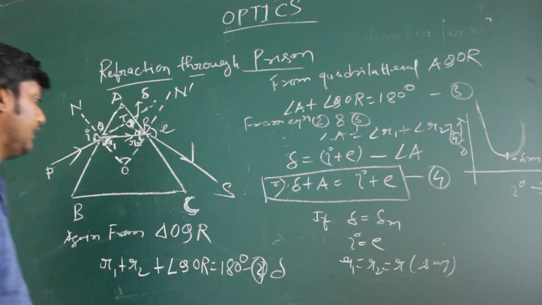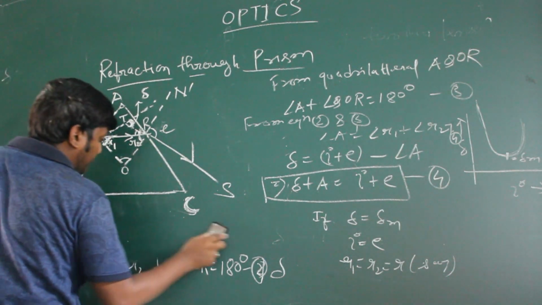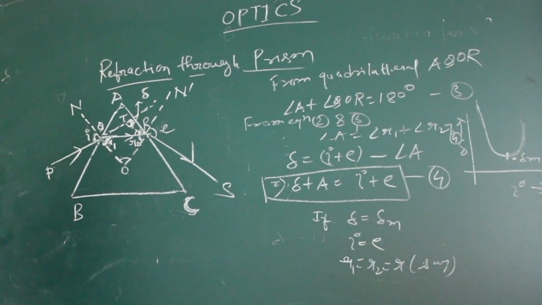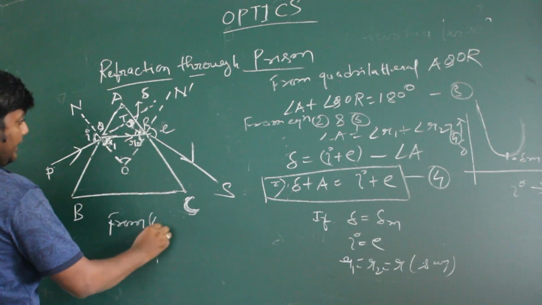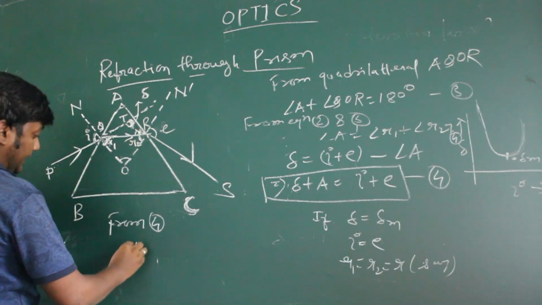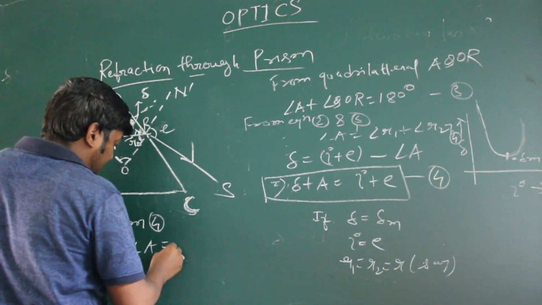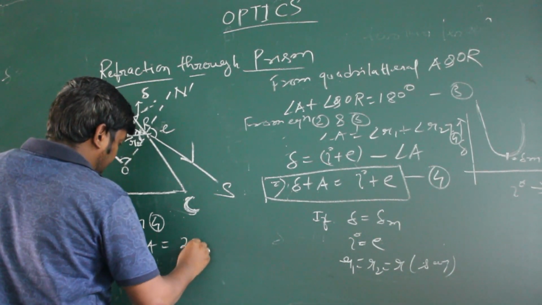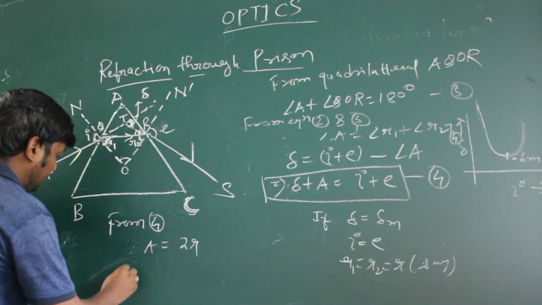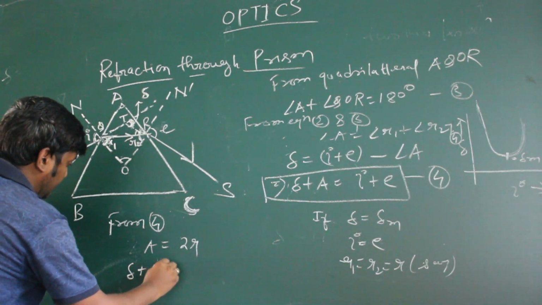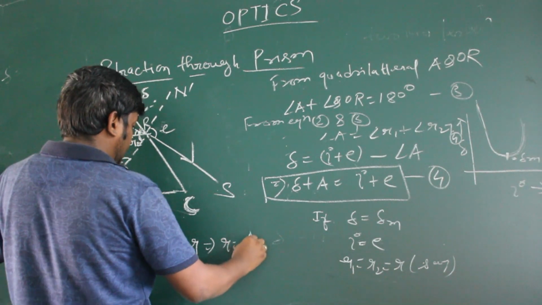So from 4 we can write A equals R plus R, R1 plus R2, so it will be twice R. A equals twice R, so it implies R equals A by 2. R equals A by 2.